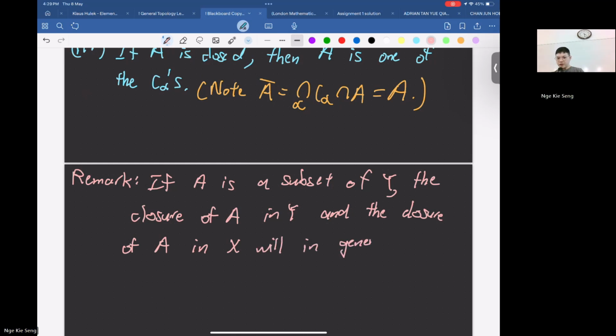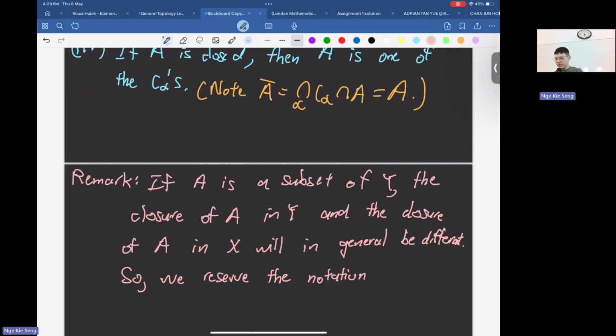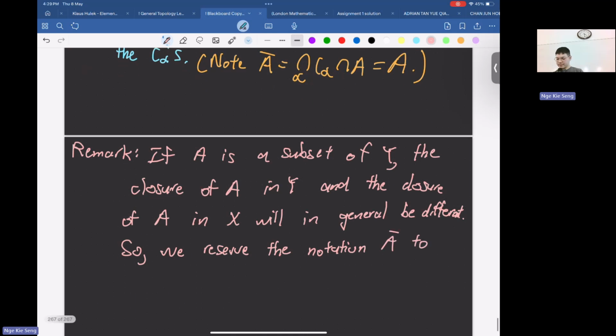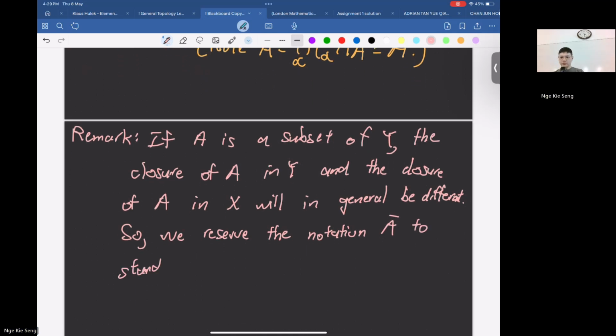Closed in a subspace and closed in the whole space could be different. So we are going to reserve the notation: whenever we write A bar, we are referring to the closure in the original space, not the subspace.